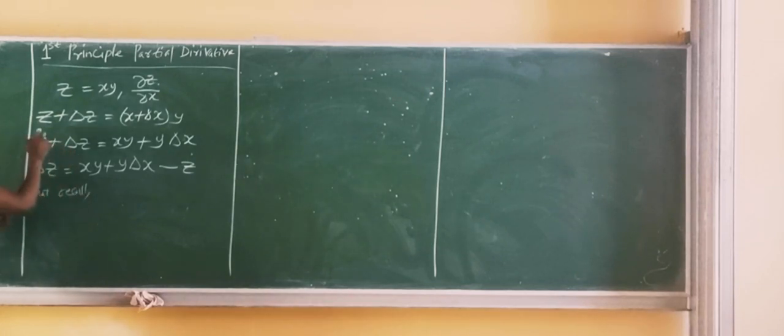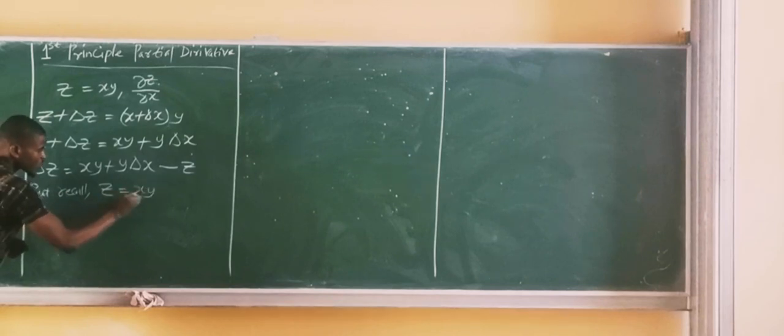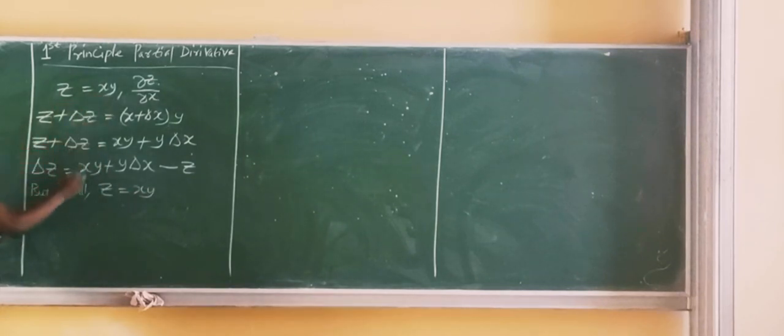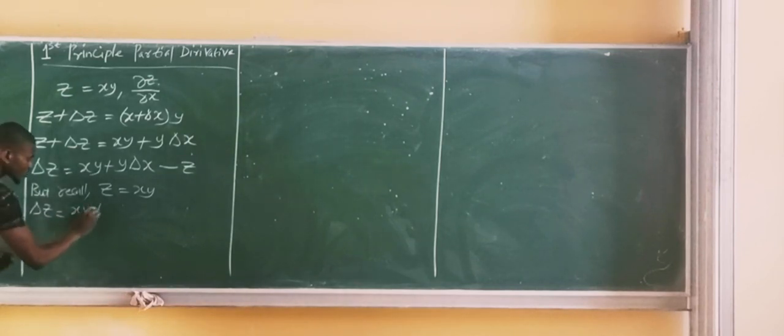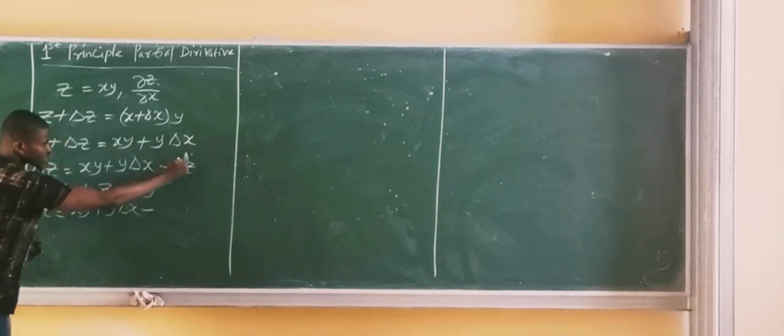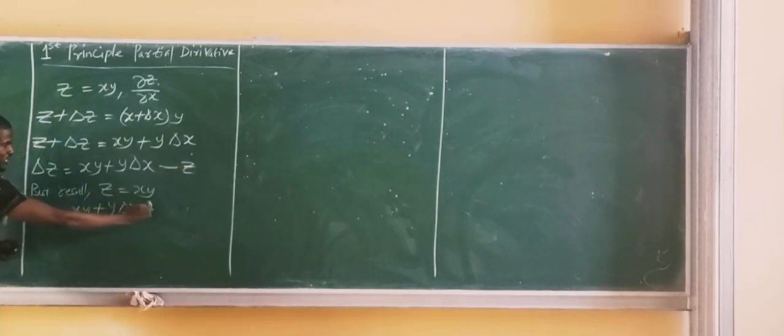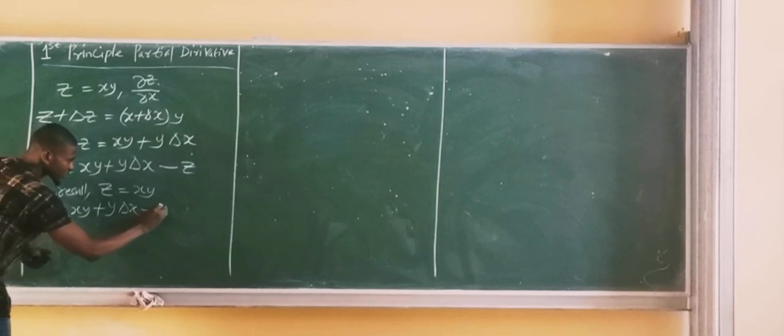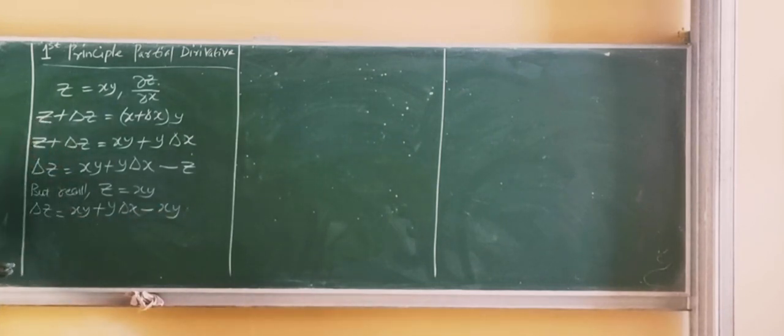Okay? Now you have this, but recall that from the question, z itself is equal to xy. So in place of z, I'm going to simply write xy. So I'll have that change in z is equal to xy plus y change in x minus, in place of z, I simply replace it with what? xy. So I have minus xy.